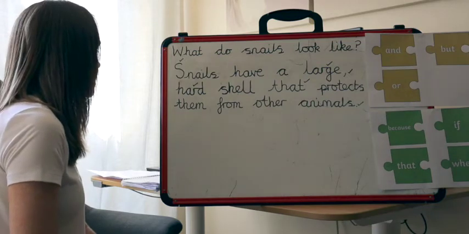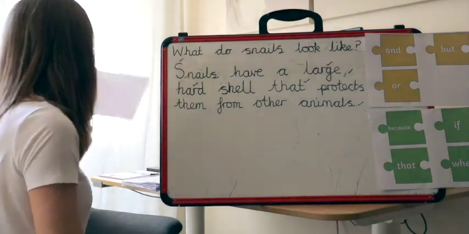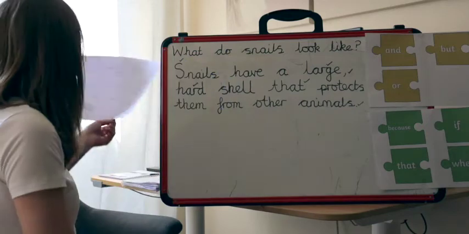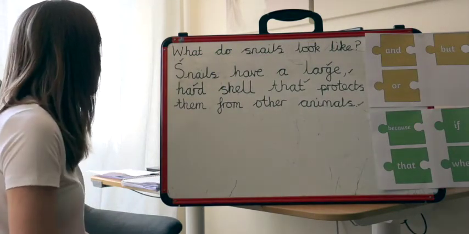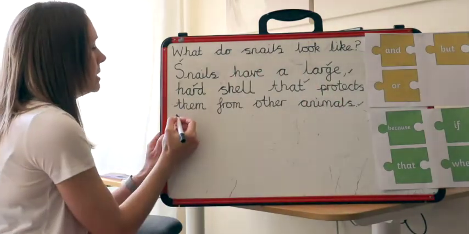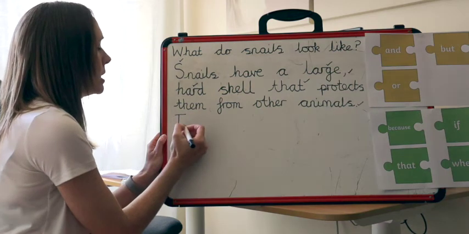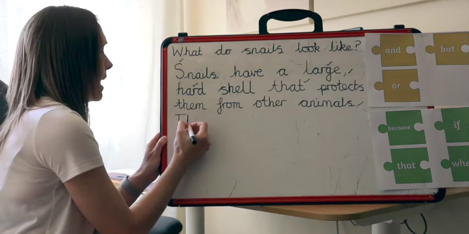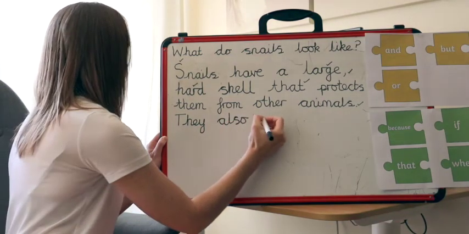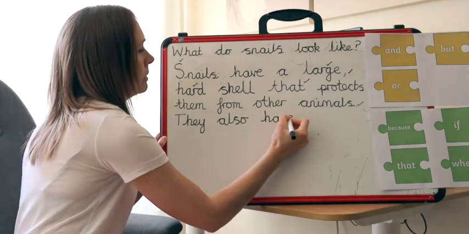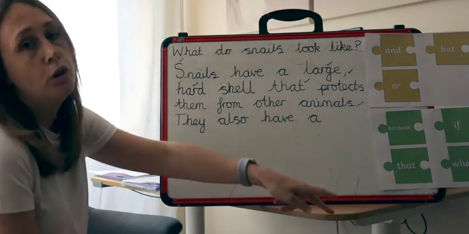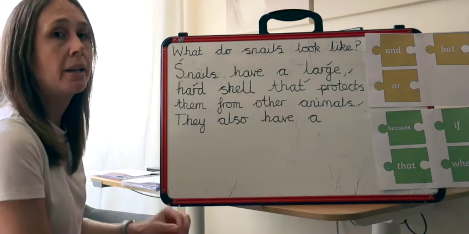Let me think of my next sentence. I'm going to look at my research piece of paper so I can remember the things that I found out. Right, next then I'm going to write about the foot of the snail. I've finished my sentence, so I need to start my sentence again with a capital letter. So I'm going to put a capital T. They also have a, now I could say they also have a foot, but I need to remember to include some adjectives.